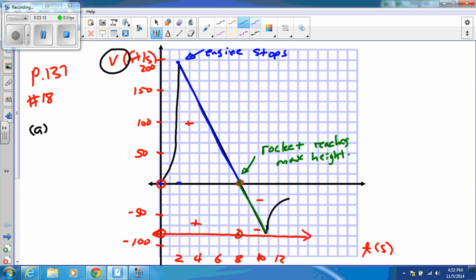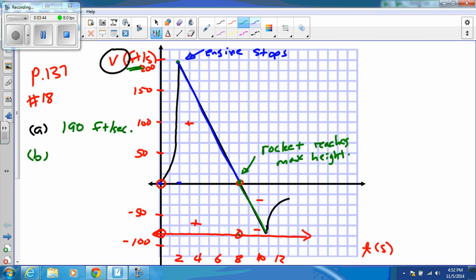So, how fast was the rocket climbing when the engine stopped? When the engine stopped is t equals 2, and I go up and I see that my speed was just under 200. Looks like it's going to be 190 from the graph. So 190 feet per second, and there I'm pulling the units straight off the axes.